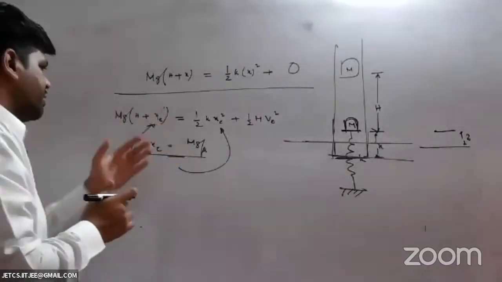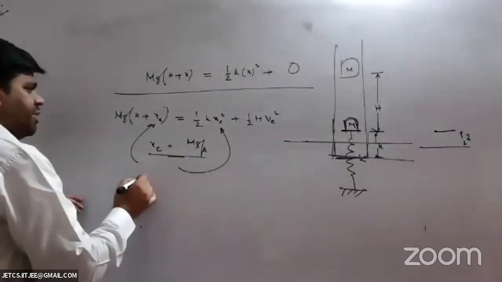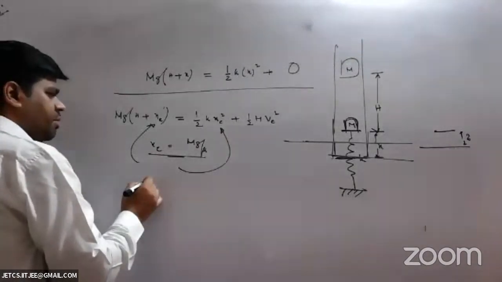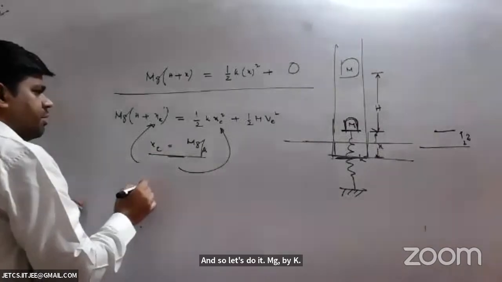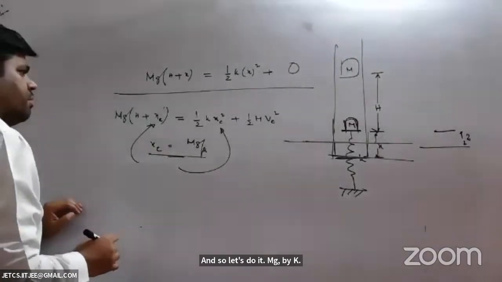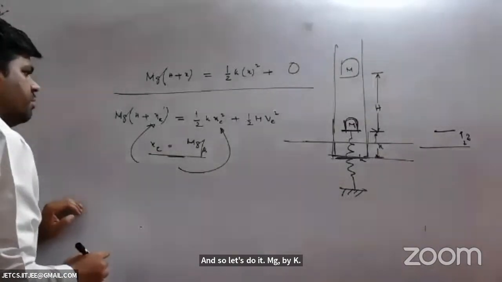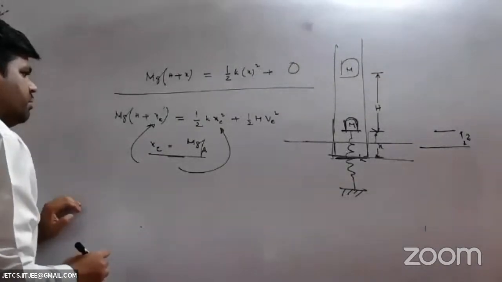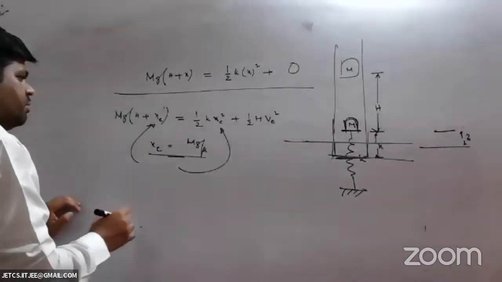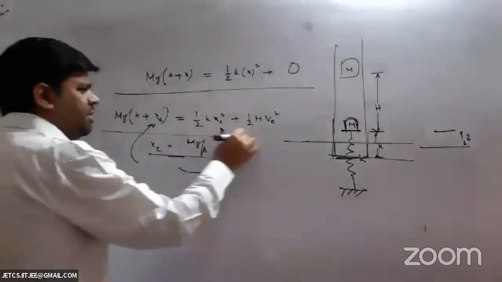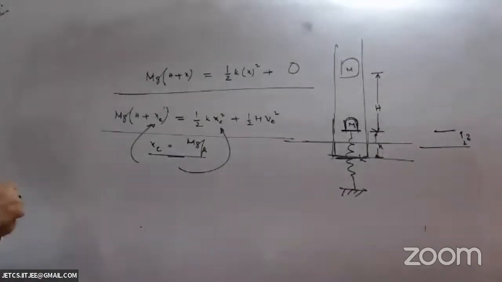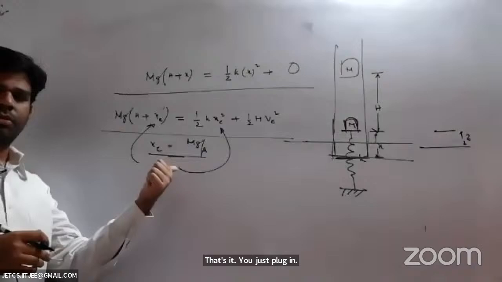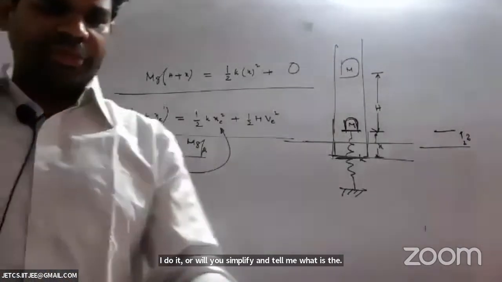All right, all you have to plug in is this one. So let's do it. Mg by k. That's it. You just plug in. Shall I do it? Or will you take a minute, simplify this and tell me what is ve?